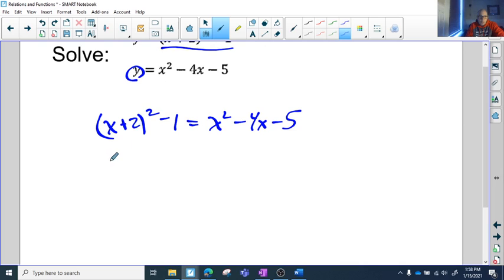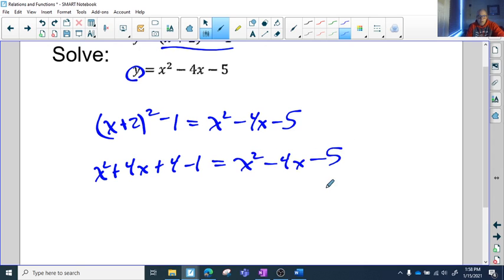To solve this, I'm going to want to expand this side out. So x squared plus 4x plus 4 minus 1 equals x squared minus 4x minus 5. Move everything to make it equal to 0, which is also going to be very nice because when I move everything left, x squared minus x squared, they're going to be gone.